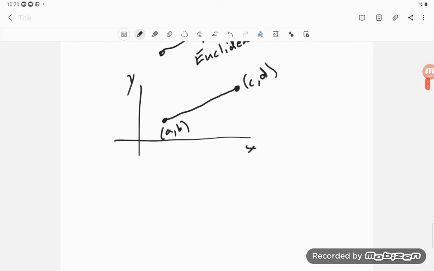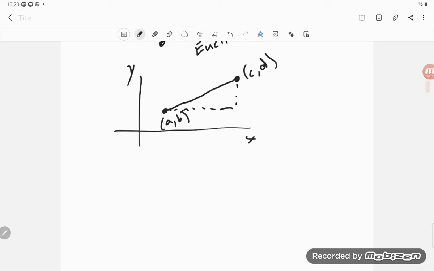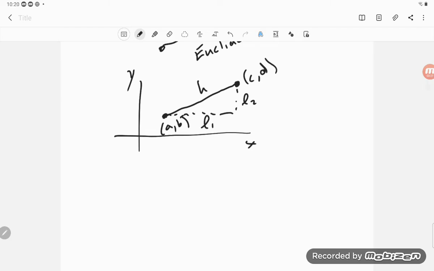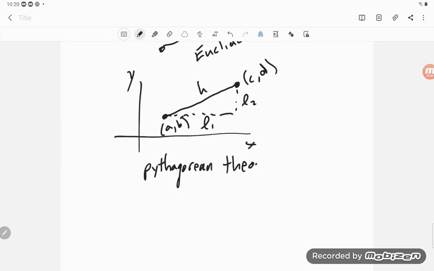So in a flat plane, what we use is the Pythagorean Theorem. And so if I call this leg 1 here, and this one leg 2, and this the hypotenuse, h, the Pythagorean Theorem for right triangles, and this is a right triangle on this grid, would say that if I take L1 squared plus L2 squared, I get h squared.